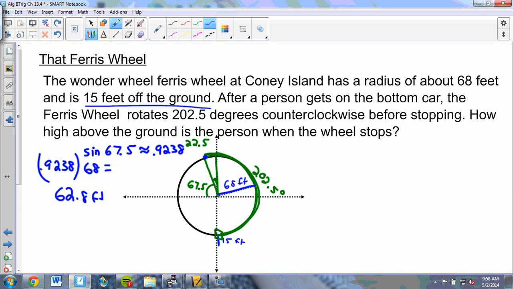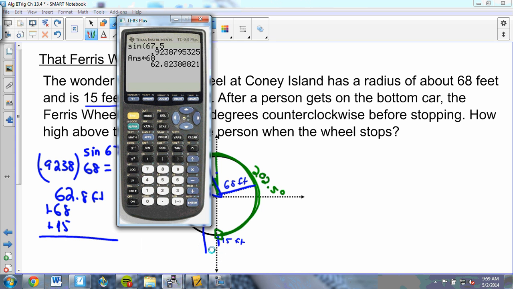That's what this height right here is. This height right here is 62.8 feet. We also could have thought about just this right triangle here and found the height of that right triangle using sine, because sine is the opposite over the hypotenuse. That's 62.8. There was an initial 68 and then an initial 15 before that also. So you add 68 and you add 15.